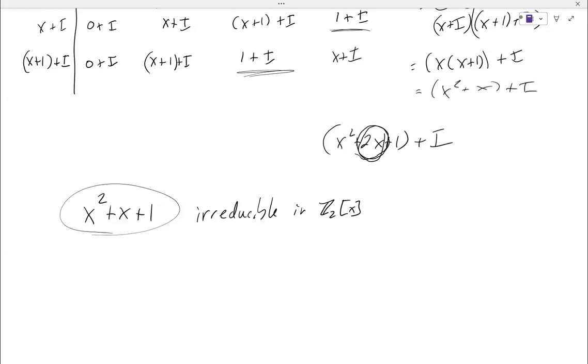When it's irreducible, it turns out that this particular ideal, we're going to talk about this today, cannot be properly contained in another proper ideal. And so when we mod out by it, we end up with a field. So we can create fields this way.